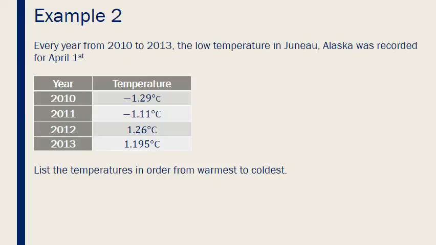On example 2 of your handout, every year from 2010 to 2013, the low temperature in Juneau, Alaska was recorded for April 1st. I want you to look at these temperatures. In 2010, the temperature was -1 and 29/100. 2011, it was -1 and 11/100. 2012, it was 1 and 26/100.